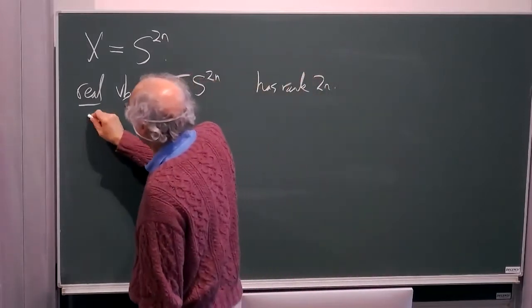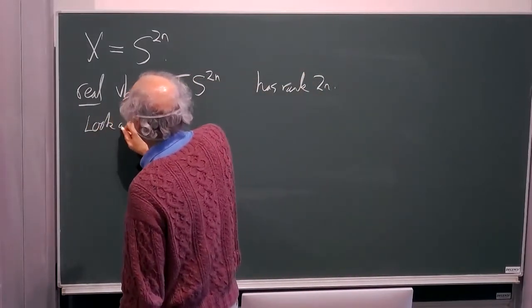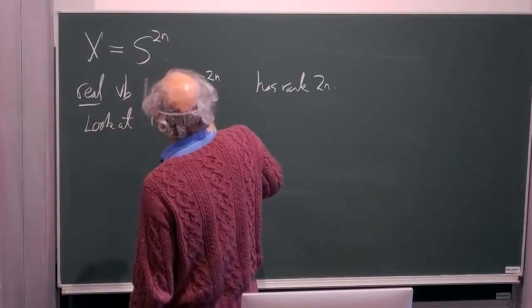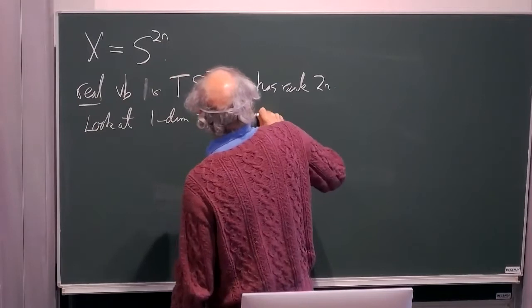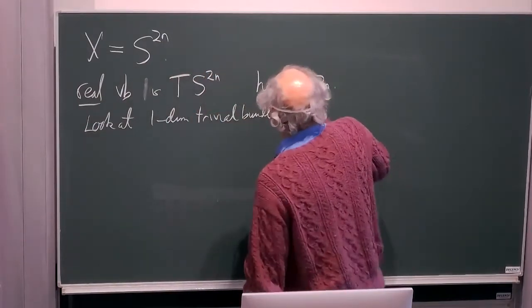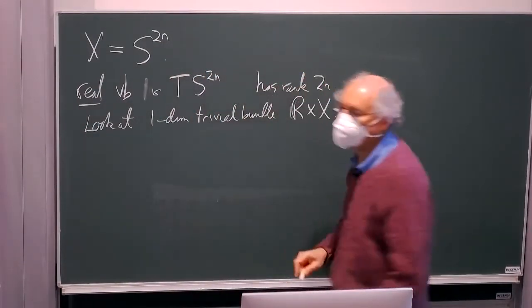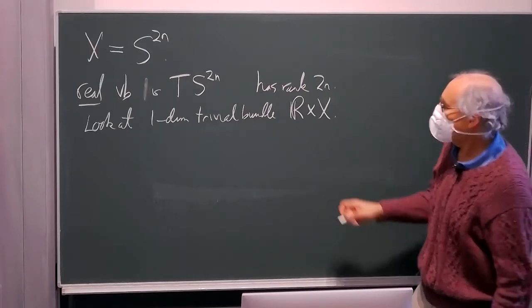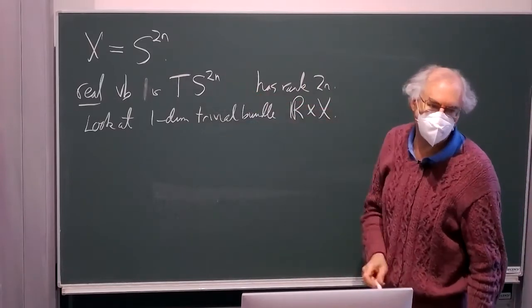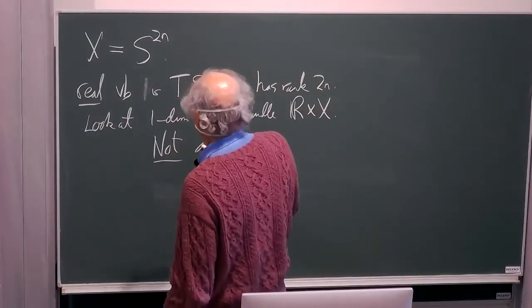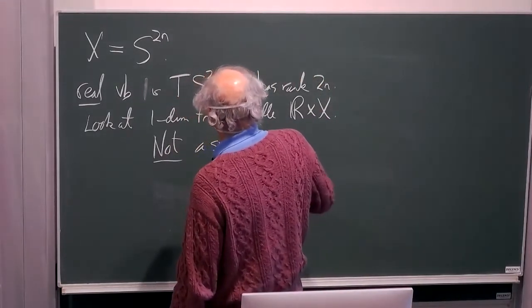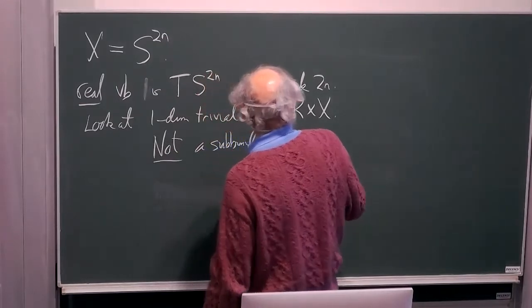And you look at the one-dimensional trivial bundle, R cross X. This is not a subbundle of this, so it's rank 1.